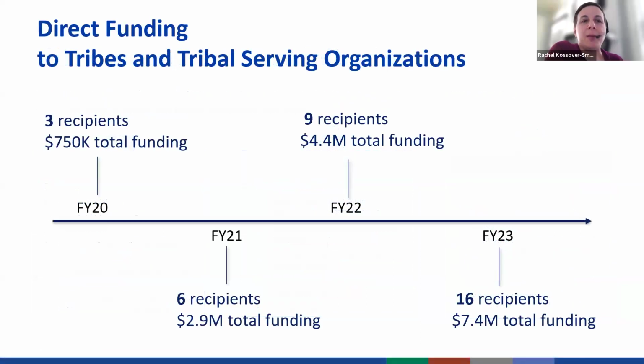And I want to speak a little bit about some of the direct funding investments that CDC has already made in tribes and tribal serving organizations on data modernization. We have been directly supporting tribes and tribal serving organizations through the umbrella cooperative agreements that are managed by CDC's Public Health Infrastructure Center. The amount of DMI investments through these mechanisms and the number of funded recipients have really grown from 3 recipients in 2020 to 26 specific projects with 16 recipients in 2023, totaling more than $7.5 million.